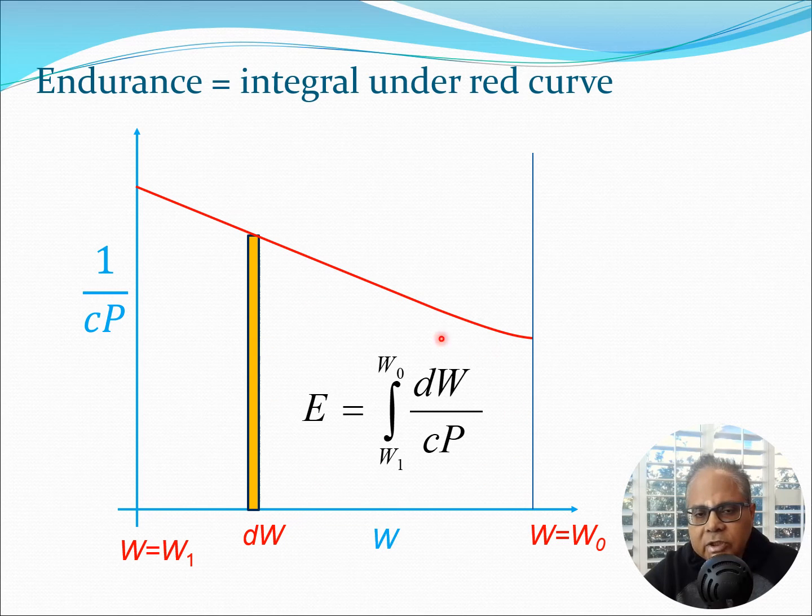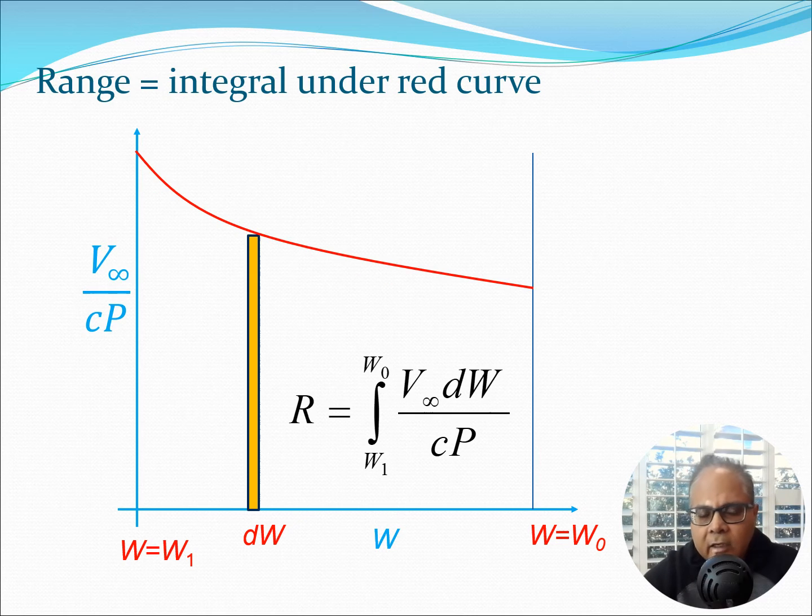So this is the integral you need to find for endurance. If we consider range now, remember the integral for range, we had V infinity by Cp. So if we plotted V infinity by Cp with respect to W, we would get something like this. W is going from W1 to W0. And so this is going to give me the integral here.